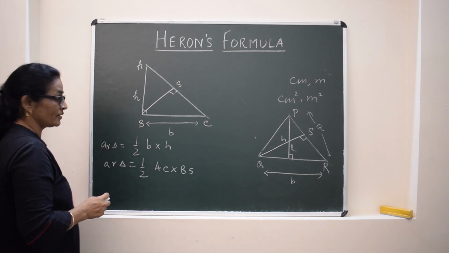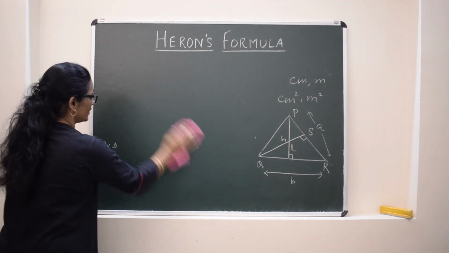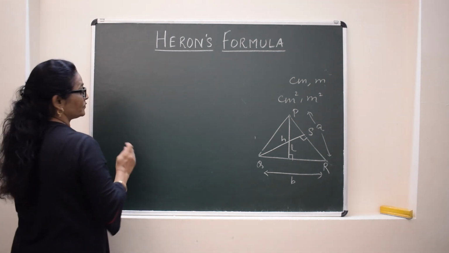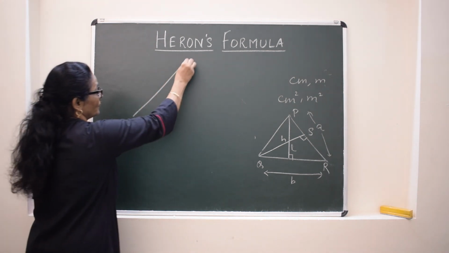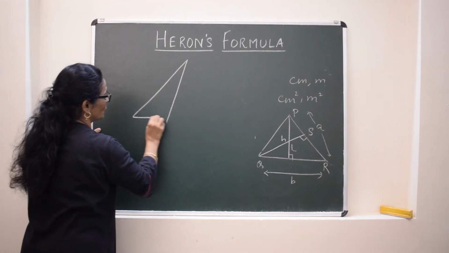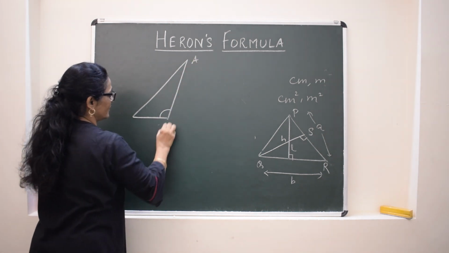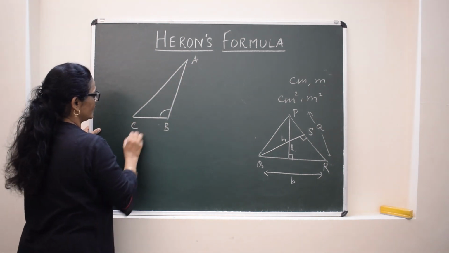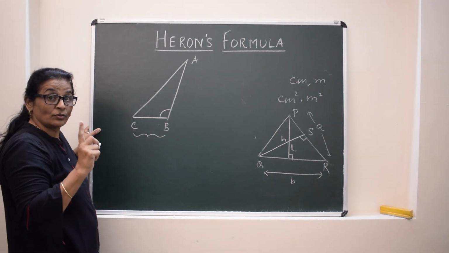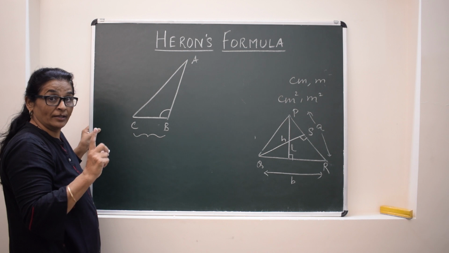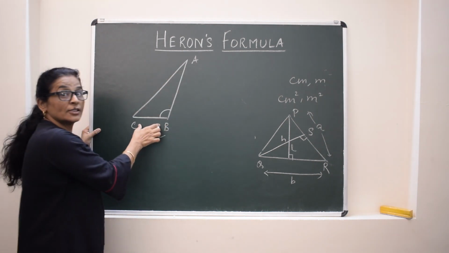And a very interesting thing, the third case: if I take an obtuse angle triangle, for example, any one angle is more than 90 degrees. In that case, if I am taking this BC as the base, the height of this triangle will be the altitude dropped from this vertex on this BC.